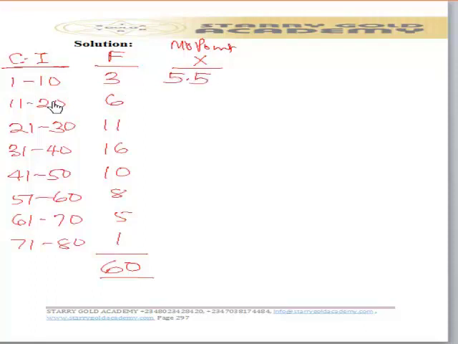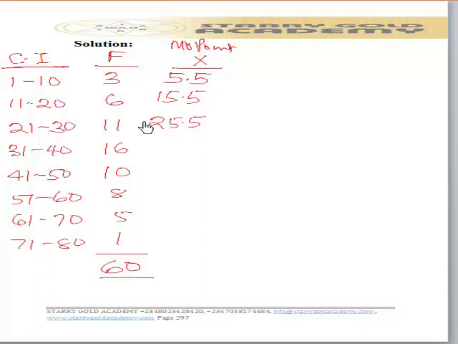Then we have 11 plus 20. This is 31 divided by 2. That will give us 15.5. The next one is 21 plus 30, and this is 51 divided by 2. That's 25.5. The next one is 31 plus 40.